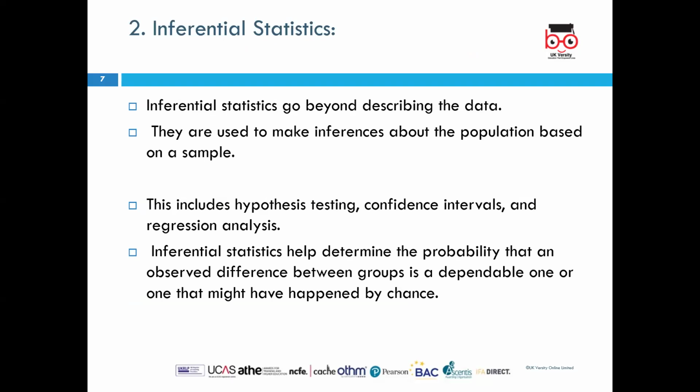So when it comes to statistics, we have various types of them. It branches into various types of statistics. For example, we're going to look at inferential statistics, which goes beyond describing our data. With this, we use it to make inferences about the population based on a sample.